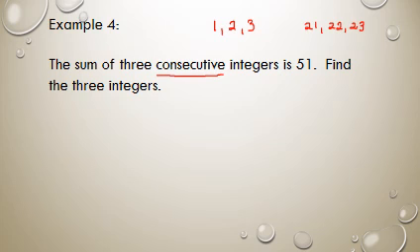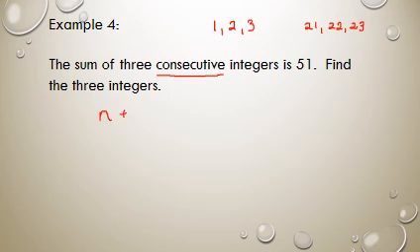Okay, so whenever we're writing our equation with that, we don't know what the first integer is. So we're going to choose the variable n to use for that. That's the first integer. Then the next one would be 1 right after that.